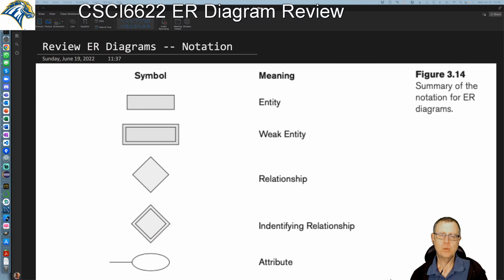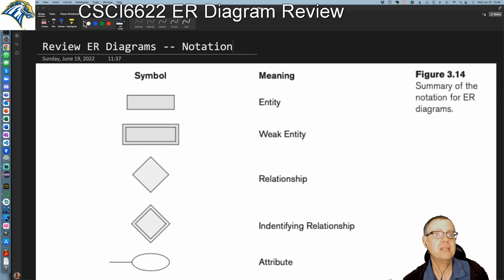So let's first of all go through the pieces that hang together for an ER diagram. The first thing, the obvious thing, is an entity. Remember that an entity is usually a real world object, something that we can point to in the real world that exists.